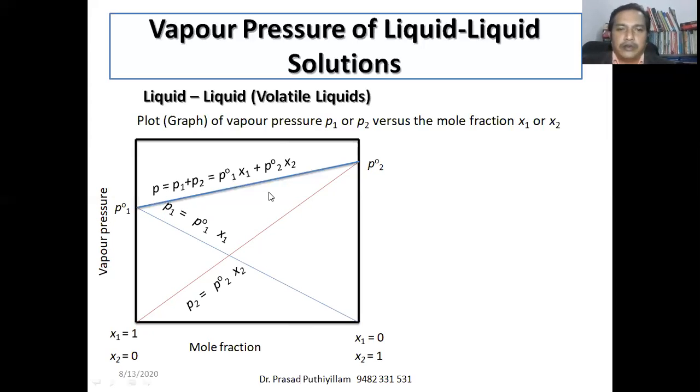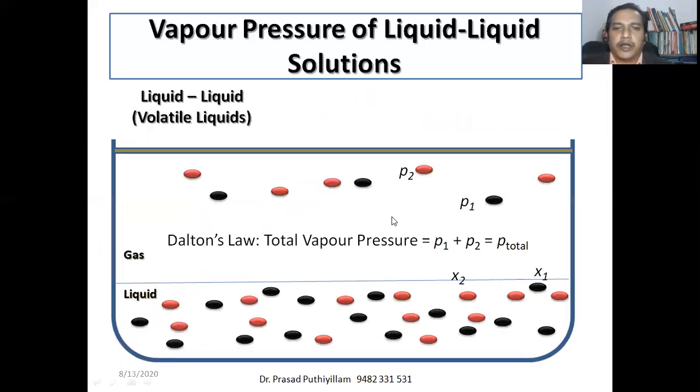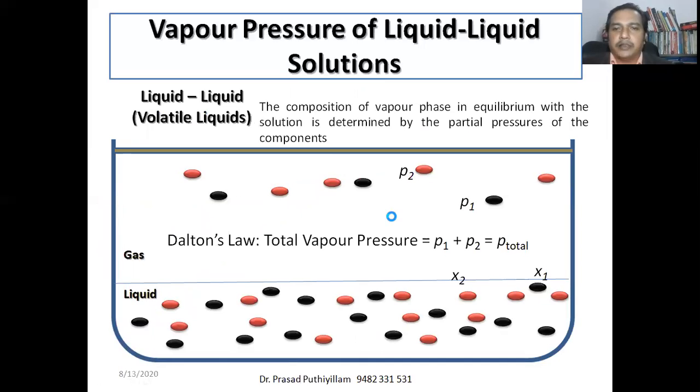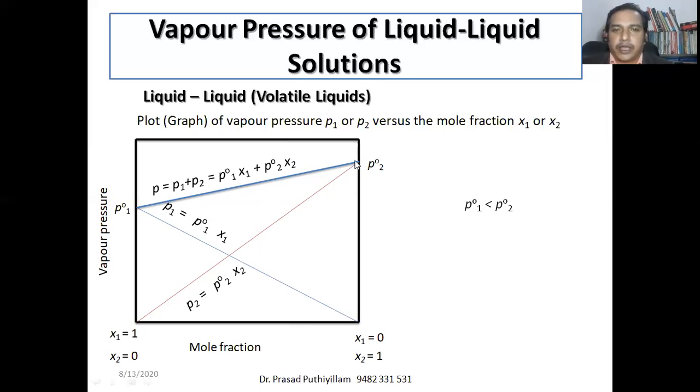Here component 1 is considered to have a lower vapor pressure than that of component 2. That means component 2 is more volatile than component 1. Since it is more volatile, only then can the value be given as a higher value.